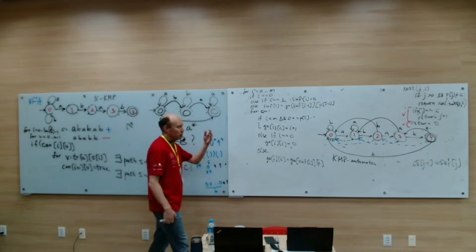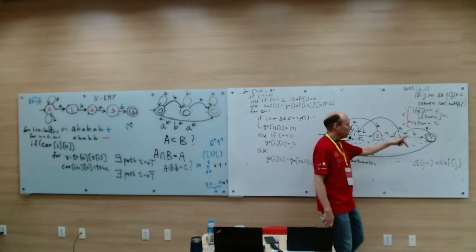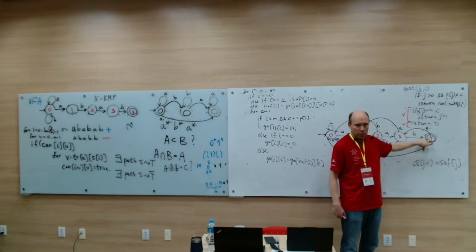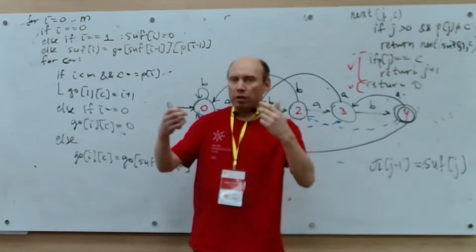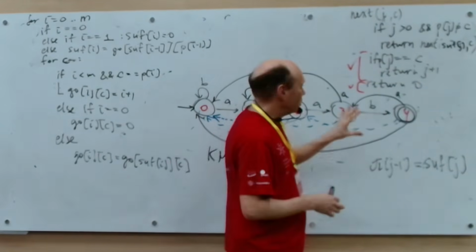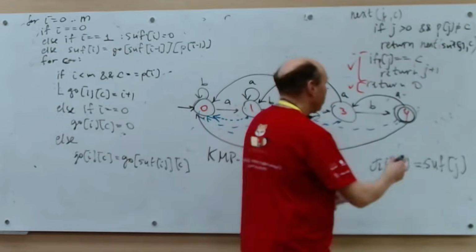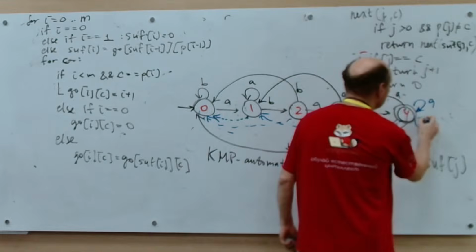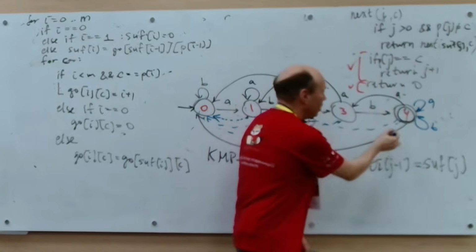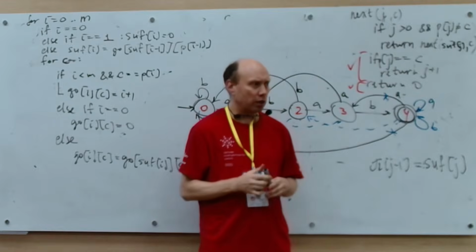But with this method, what is a string containing the pattern? The string that passes through the terminal vertex. Since after it passes the terminal vertex, it's already okay, we can fix this a little bit by directing the edges here like this and removing this.